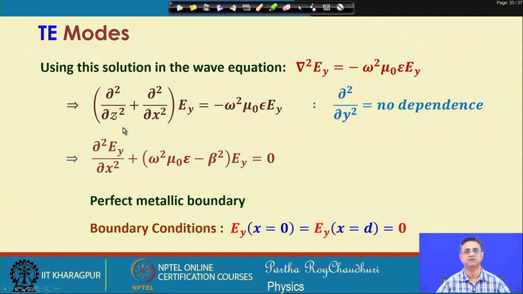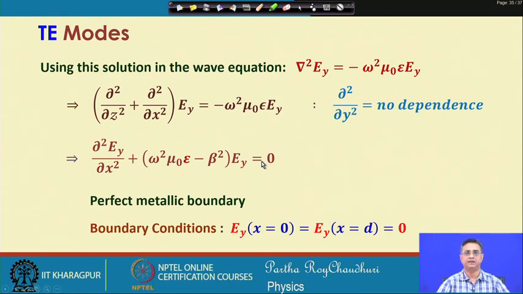This is the z and x component of the del square operator multiplied upon this. Because there is no y dependence, this form reduces to this form only, and further because del square by del z square can be represented as minus beta square, that comes onto this side. So, you have the wave equation for the field in the TE mode, which is represented by this equation.